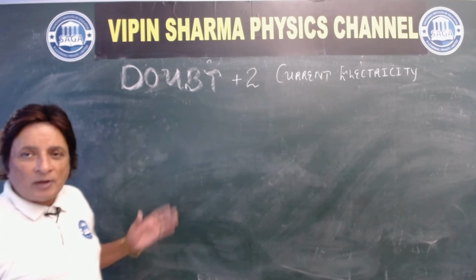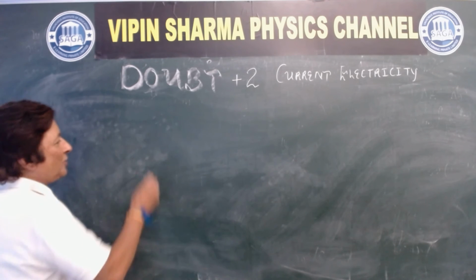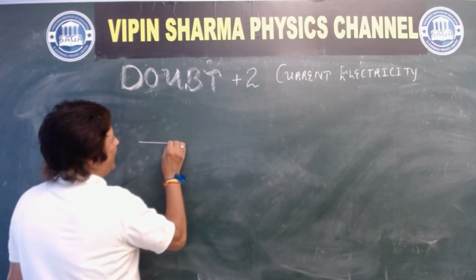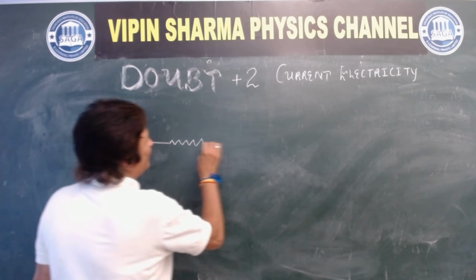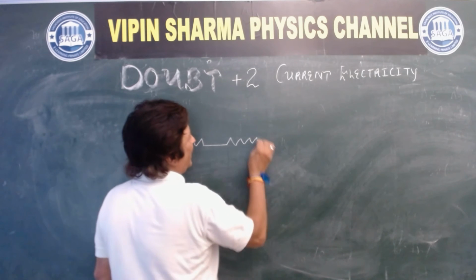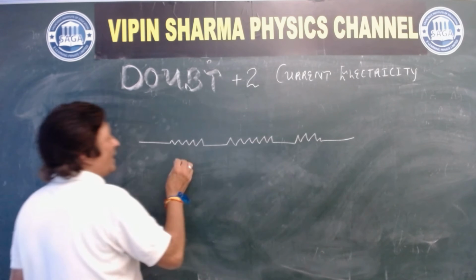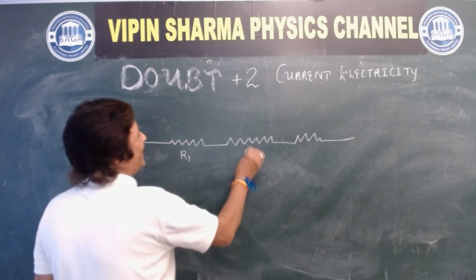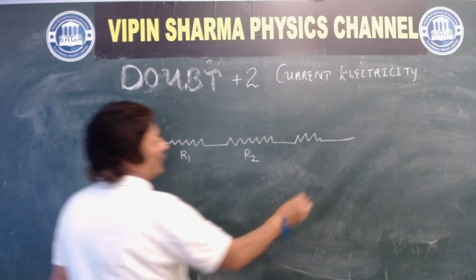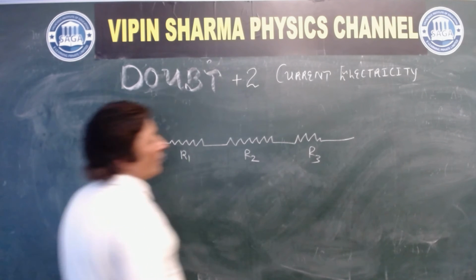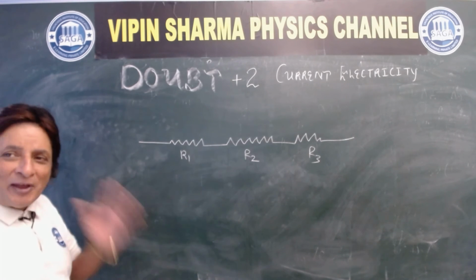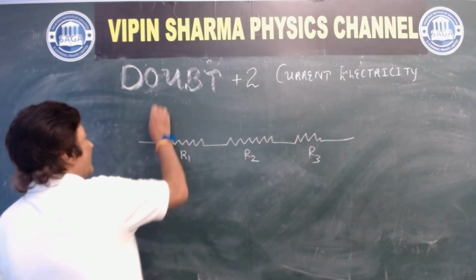See, students, there is a question. Many a times I have solved this question, and whenever I solve, I always find a new explanation coming up. This is a very common question.